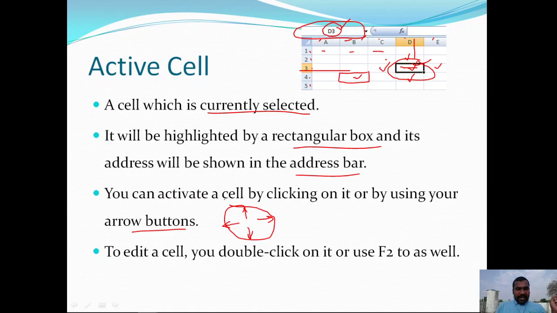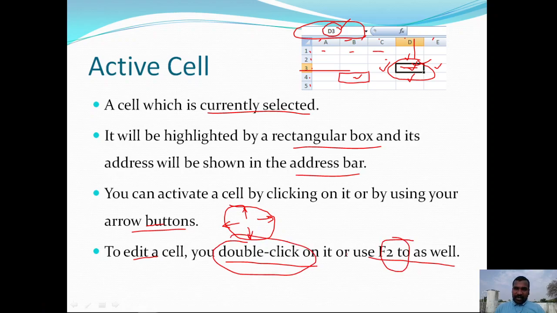You can activate a cell by clicking on it or by using the arrow keys. To edit a cell, you double click on it or use F2 as well. So you can enter the data by editing the active cell. You can update the data that already exists in the cell in two ways. Either double click on it or use F2.